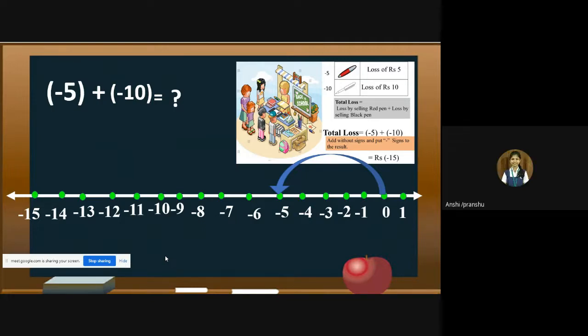Now which is the second integer? Negative 10. Yes. Instead of negative 5, suppose it was a positive 5. On which side you would have jumped? Right side. Yes, very good. As you all said, the second integer is negative 10. On which side you all will move? Left side. Yes. How many steps you will have to move?